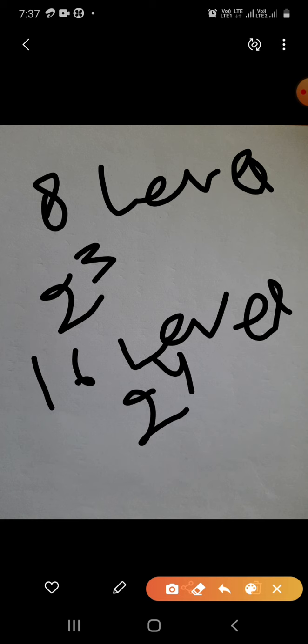Similarly, for 16-level PAM we can write 2 to the power 4 possible discrete pulse amplitudes.